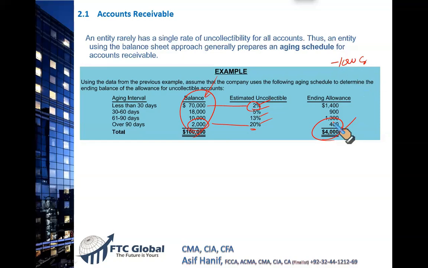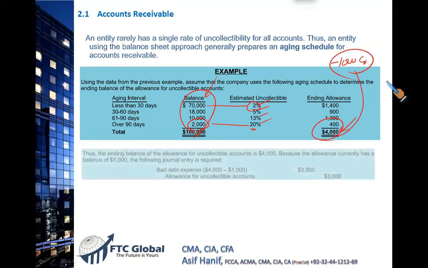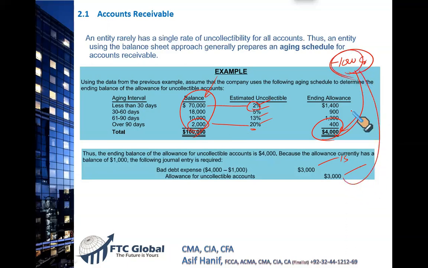So 4,000 we need. If already 1,000 is available, we are going to charge an entry for 3,000. We'll debit the bad debt expense for 3,000 and we credit the allowance, and it works exactly the same way. This 3,000 goes to your income statement as an expense for the period. And this 3,000 is added to the $1,000 and the provision balance will now be 4,000.